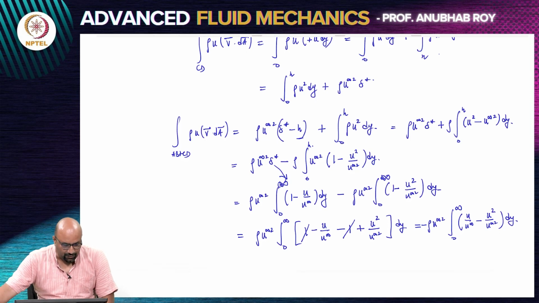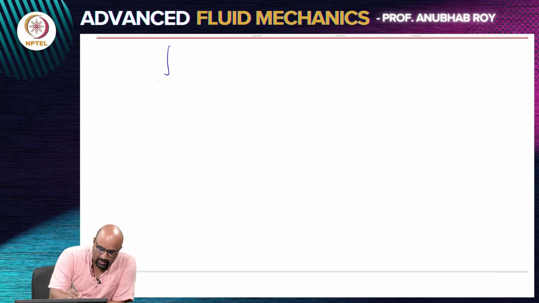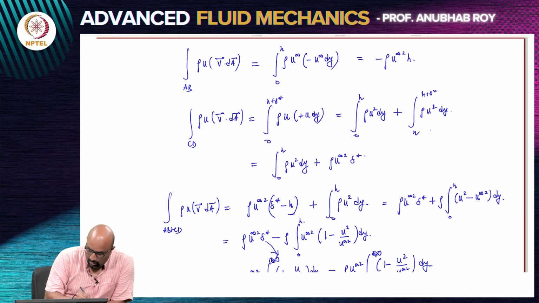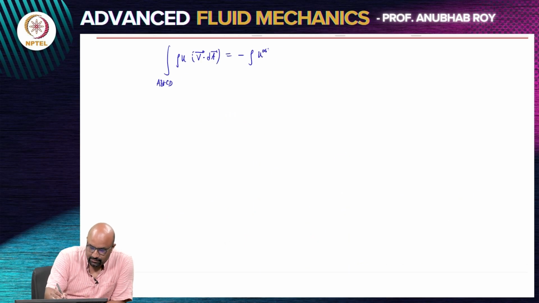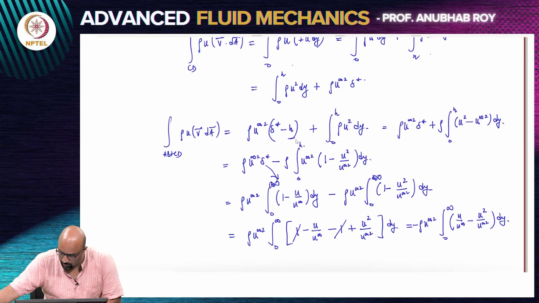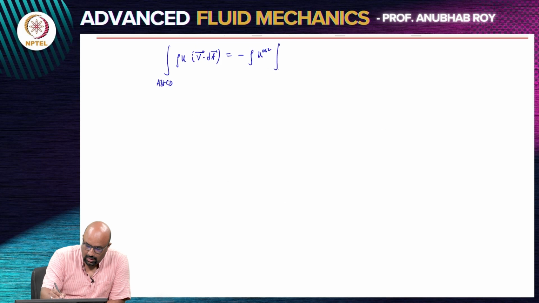So, finally, what we have here is AB plus CD rho u v dot dA is equal to minus rho u infinity square integral 0 to infinity.